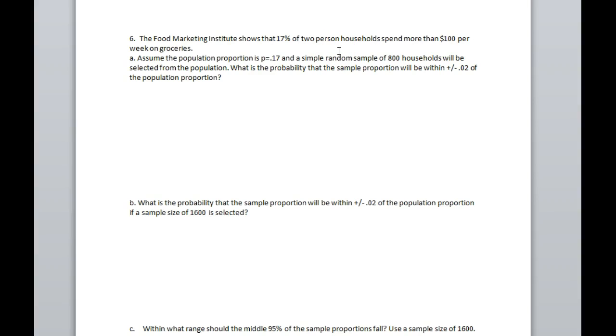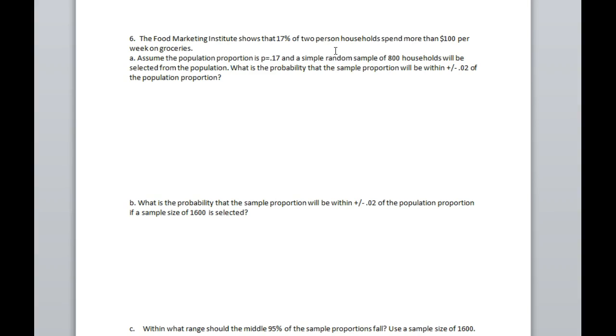So this is saying we assume that 17% of two-person households spend more than $100 a week on groceries. We're going to be taking a big sample of 800, and now we're going to try to determine the probability that the sample proportion p hat that we get from the 800 sample is within 0.02 of what we assume the population is.